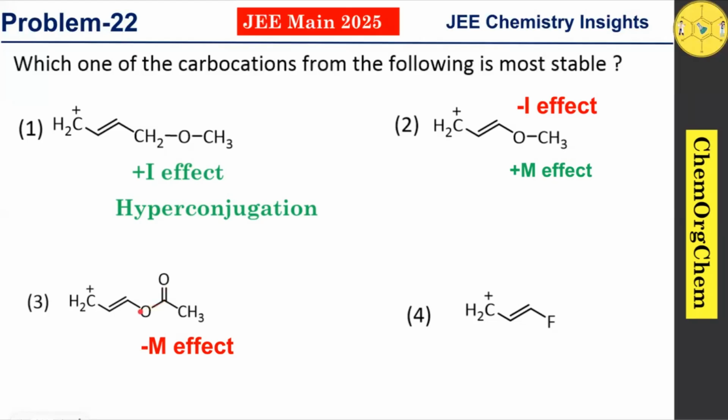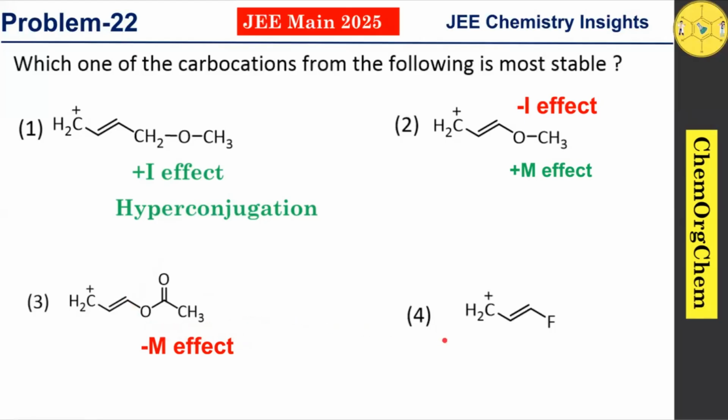Therefore, this oxygen can readily donate electrons towards this carbon atom rather than that carbon atom, so the donation is less effective towards this carbon atom. Therefore, the ester group potentially withdraws electrons from this carbon by the minus M effect, which destabilizes this carbocation.